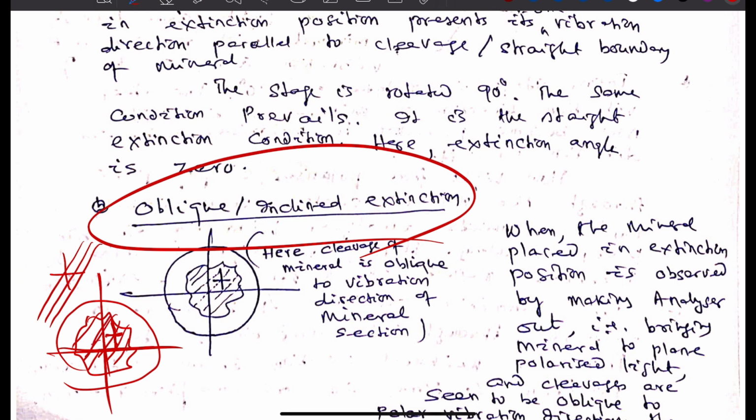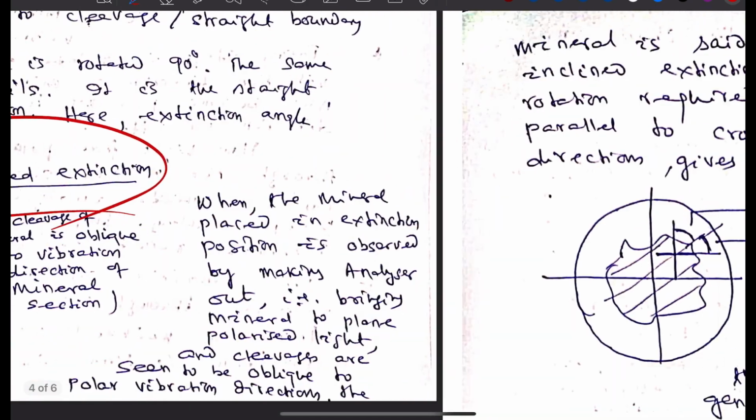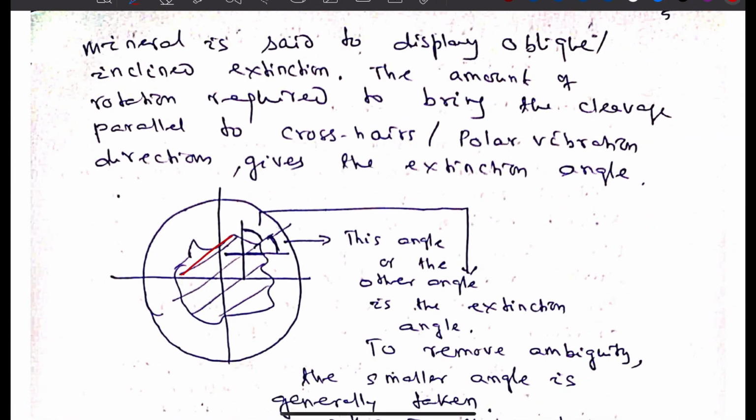Then the stage is rotated to find out the angle between the cleavage and the polar direction, either this direction or this direction, this angle or this angle. That will give you the extinction angle. Here, this is the cleavage direction, this is the polar direction. So this angle, if this angle is 30, this angle will be 60.